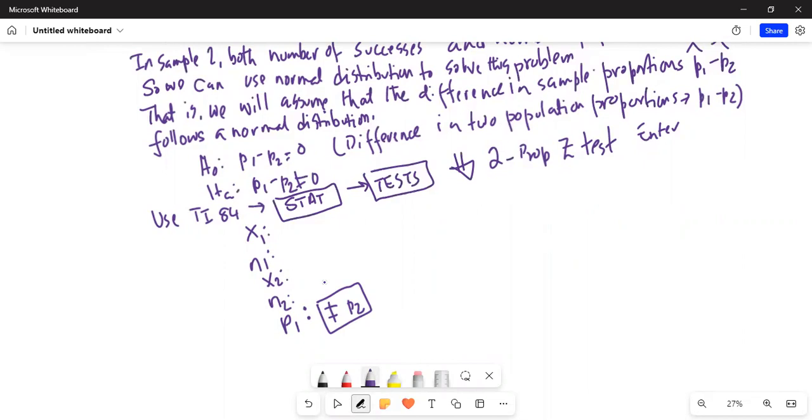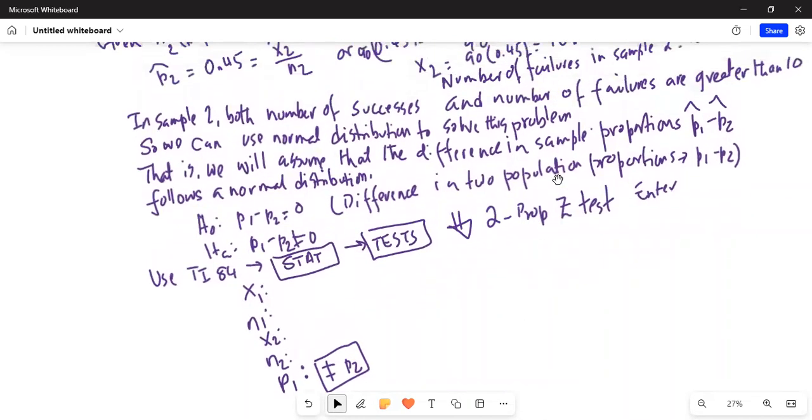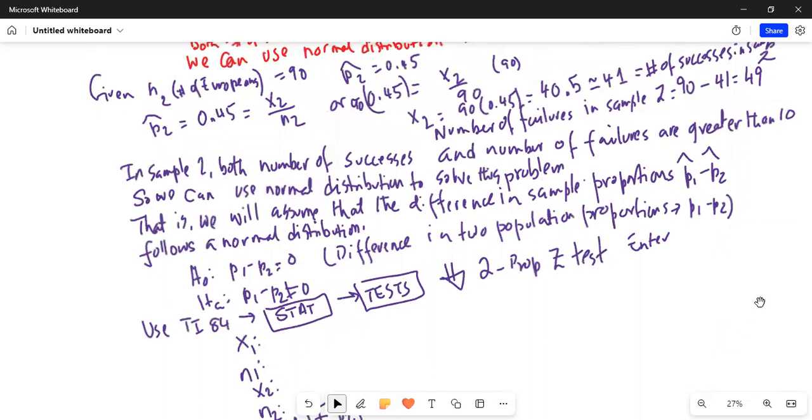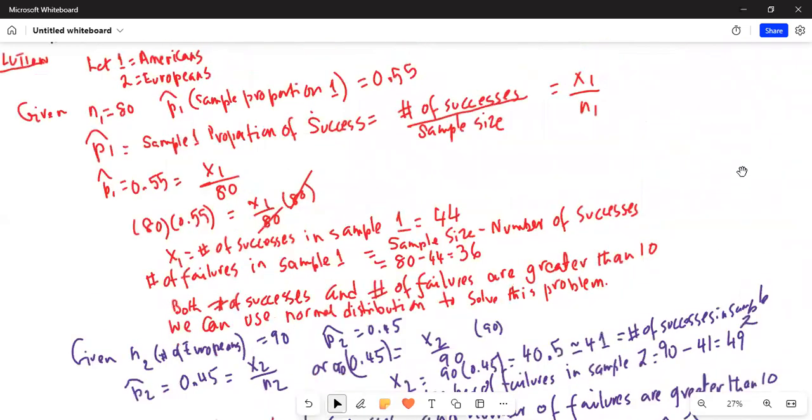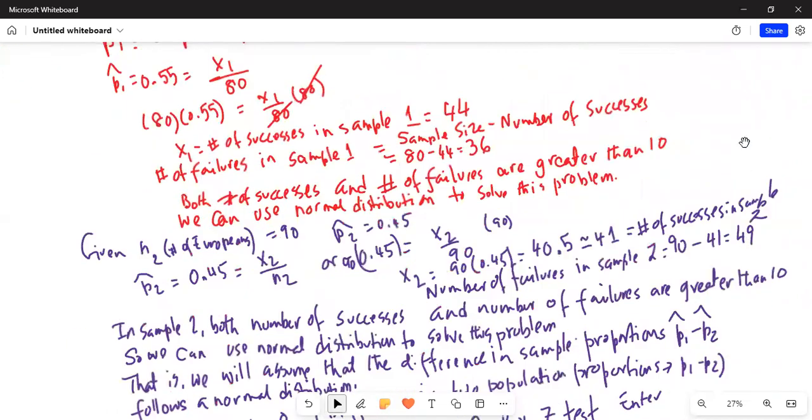Now we have to plug in the values of x1 and n1, for which we have to go up. x1 is 44, n1 is 80.